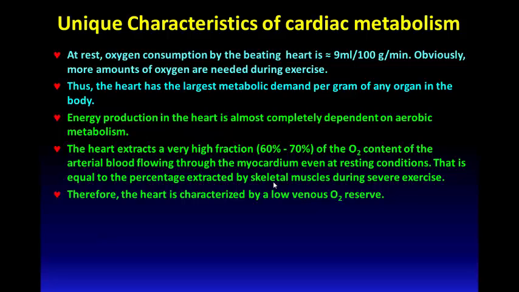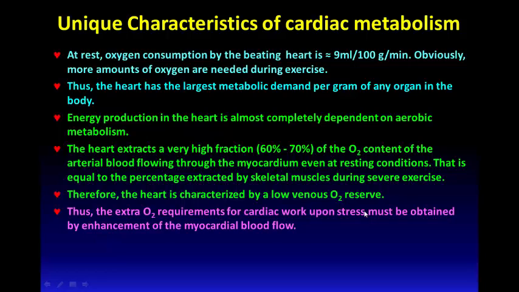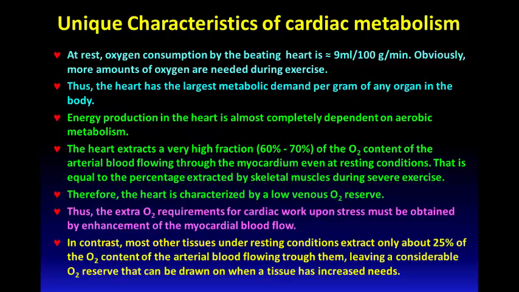Therefore, the coronary circulation is characterized by a low venous oxygen reserve, and extra oxygen requirements for cardiac work upon stress must then be obtained by enhancement of the myocardial blood flow.